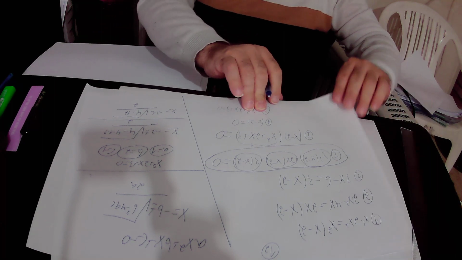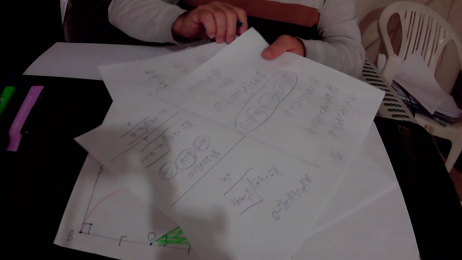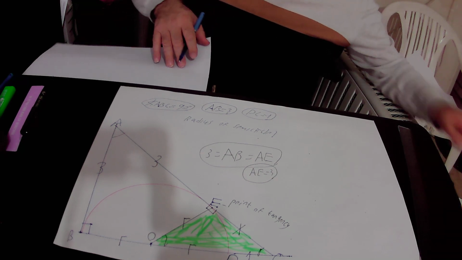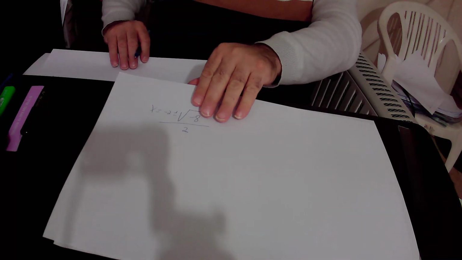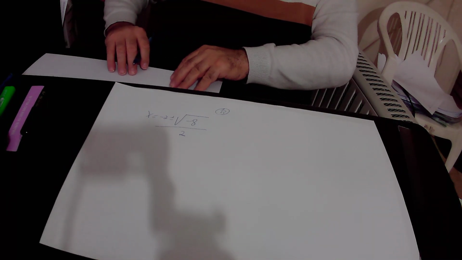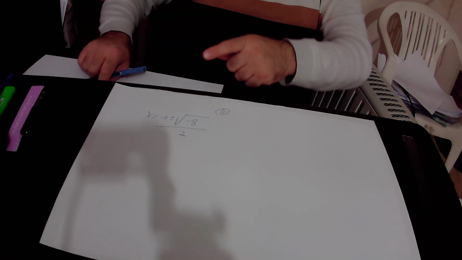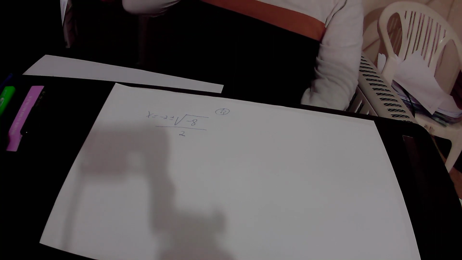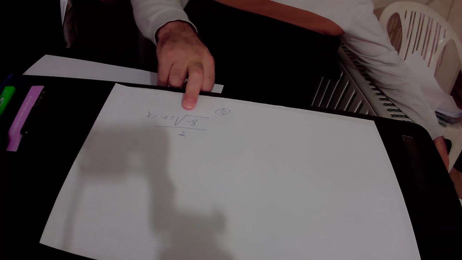So here we have the expression that x equals minus 2 plus or minus the square root of minus 8. But because minus 8 is a negative number, and a negative number doesn't have a real root, it means that we are stuck here.